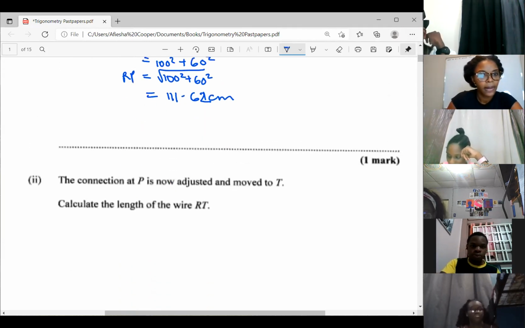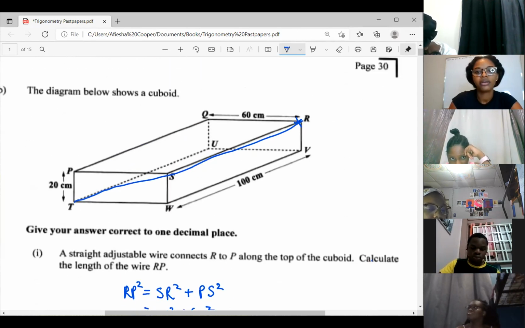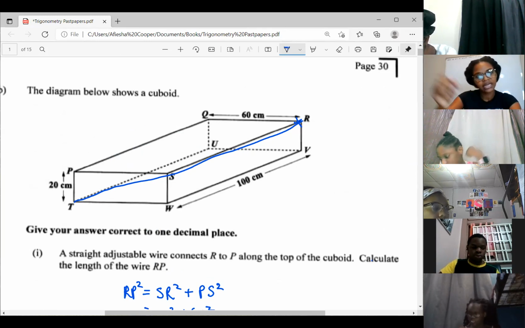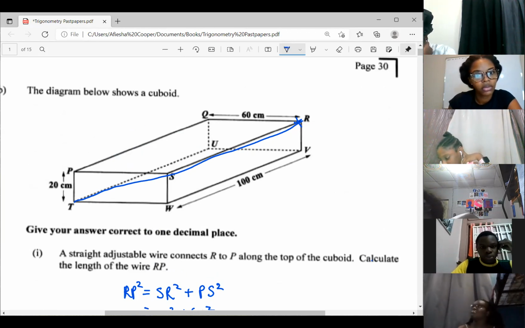That's the same way you worked out RP. So we have to work out RT. Okay, how to work out that? A diagonal line through. Next, RT squared equals RP squared plus PT squared.